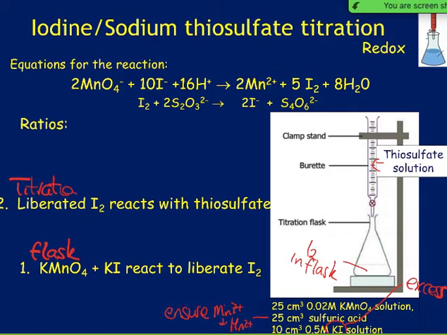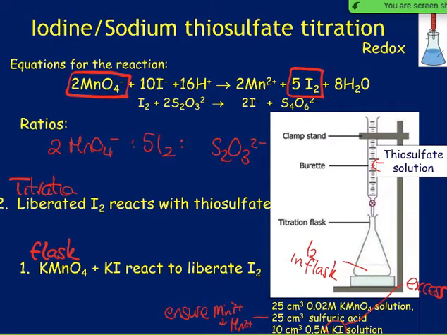Now you need to be able to figure out your ratios. We have said the 2MnO4- is being used to make us iodine. So the first ratio that we're interested in is 2MnO4- is to 5 iodine. In my second equation, how do I figure out how many thiosulfates that's equivalent to? So I've got to find the link between this and this.